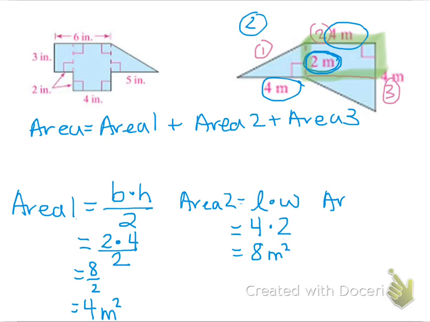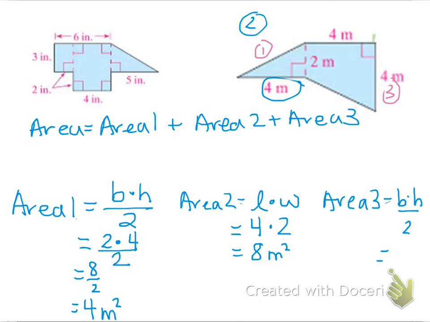Alright, now time for area of shape number 3. It's a triangle, so we're going to do base times height divided by 2. Now we need to make sure we have our measurements. I'm going to erase the stuff I have here so we can see it a little better. Alright, we're looking at this triangle.